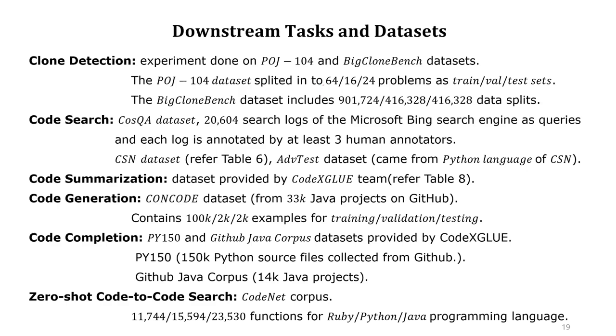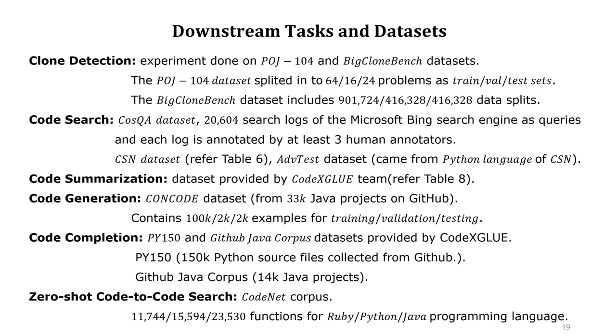So these are just split based on the problem domain. We have 104 problem domains. They split in this way: 64, 16, 24, as train, validation, and test sets. The BigCloneBench dataset also has this data split setting.